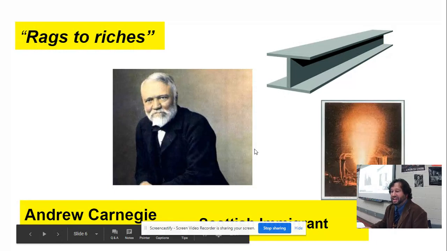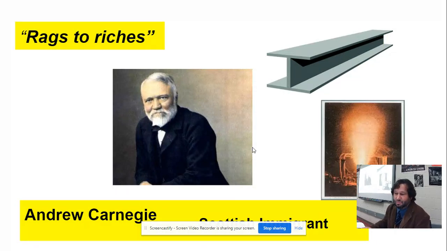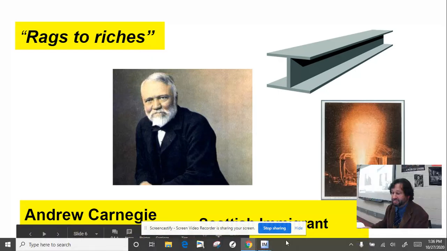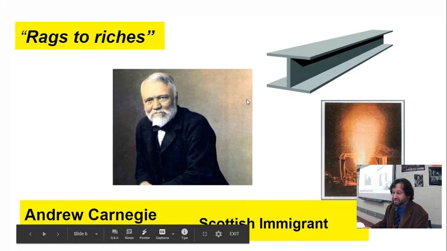When we talk about the captains of industry, one of those rags to riches success stories was Andrew Carnegie, who was a Scottish immigrant. And looking down here, you can see it says Scottish immigrant. And again, steel.